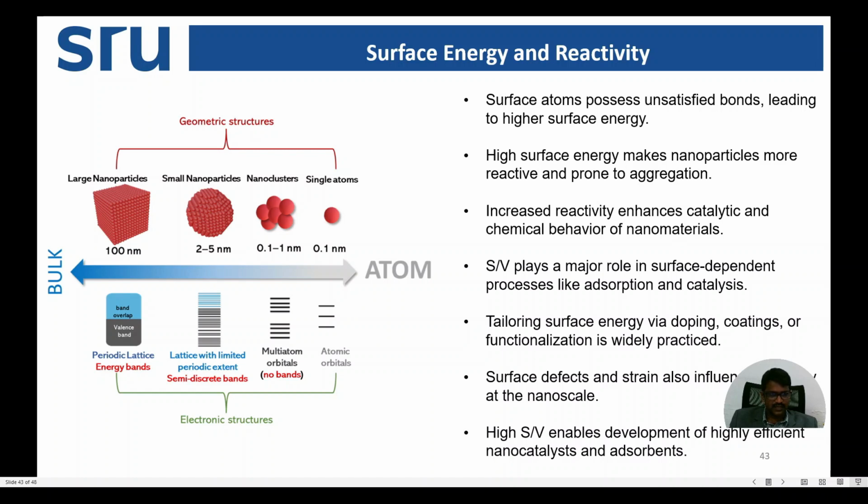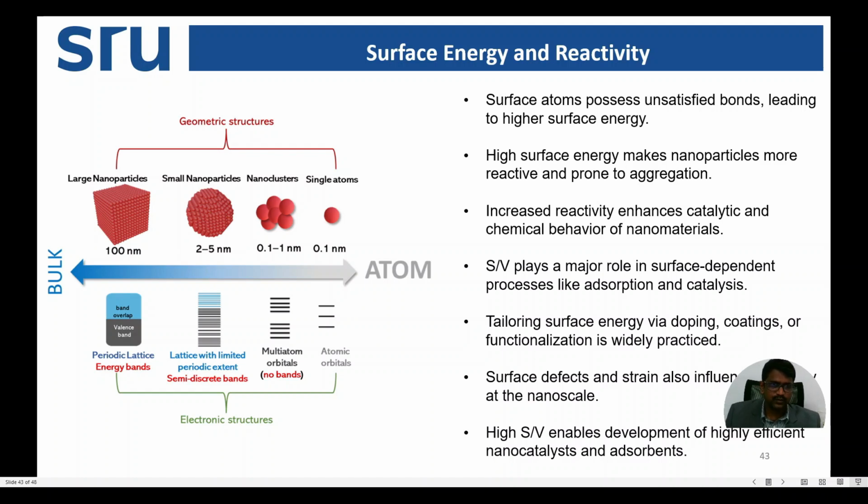So these are larger particles, then small nanoparticles, then nanoclusters, then single atoms. You can see the size order also. So it is around 100 nanometers, right? And this is the 2 to 5 nanometers range.